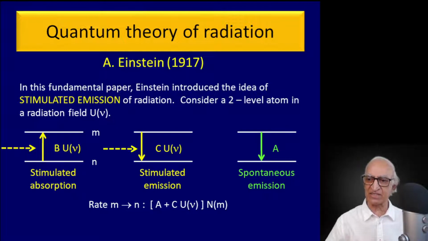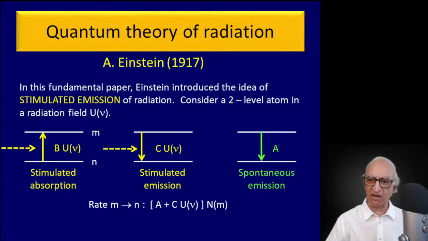And there is a second term, which is C into U nu, where C is a coefficient which is associated with stimulated emission. Both these terms have to be multiplied by N of M, which is the number of atoms or molecules in the upper level M. And U nu is, of course, the incident radiation field.